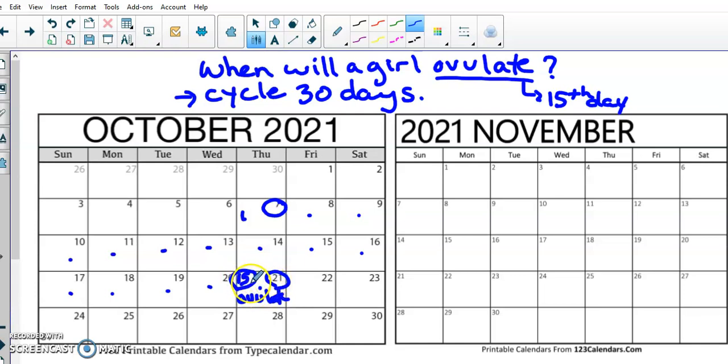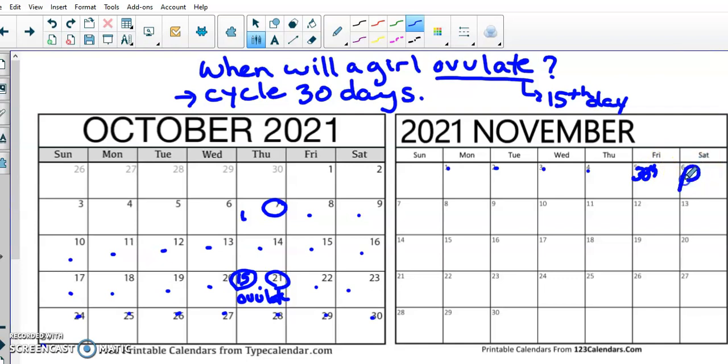We'll continue counting. 16, 17, 18, 19, 20, 21, 22, 23, 24, 25, 26, 27, 28, 29, 30. Aha, this is the 30th day. It's the last day of her cycle, which means her period will start, you got it, the next day.